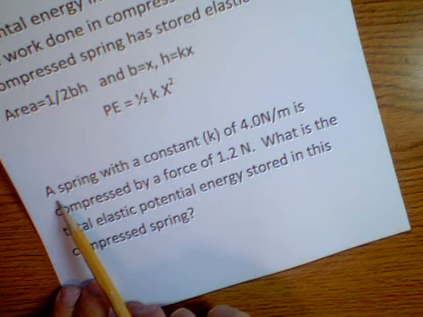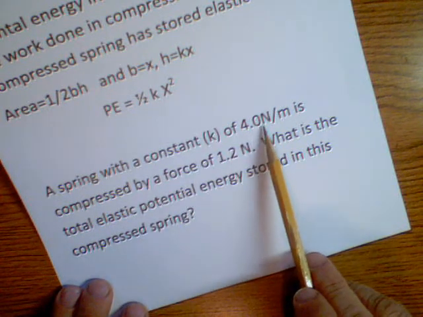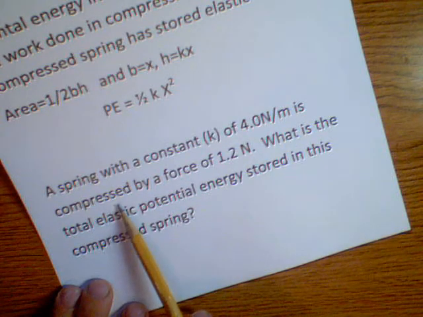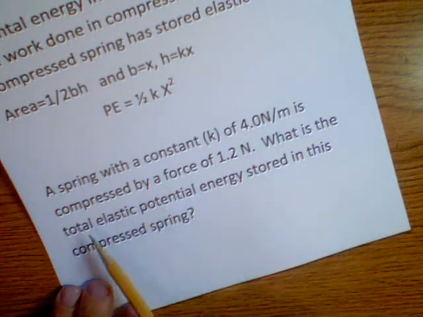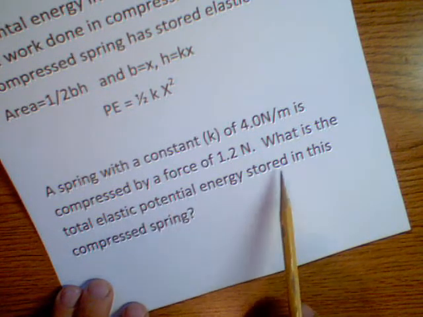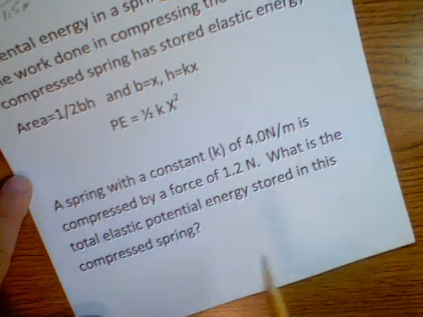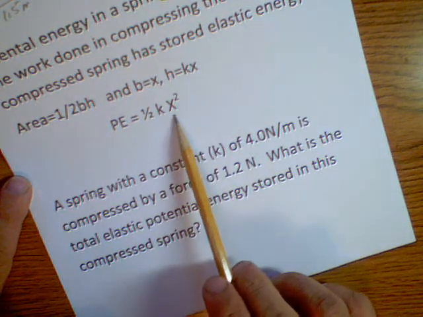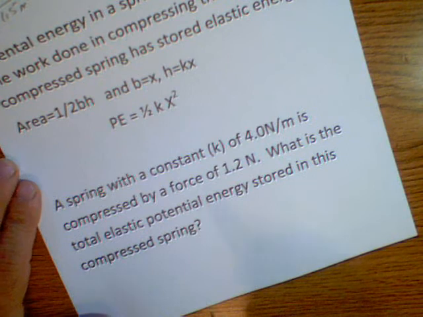A spring with a constant of 4.0 newton meters is compressed by a force of 1.2 newtons. What is the total elastic potential energy stored in this compressed spring? As you look at this problem, the first thing I notice is that I don't see my displacement, my x.